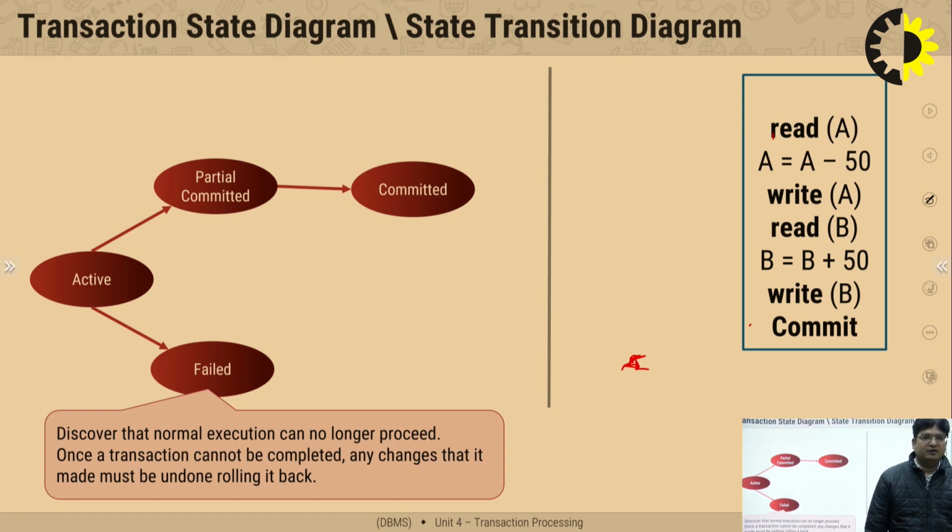During the failed state, we discover that the transaction can no longer proceed. So once the transaction cannot be completed, any change it has done must be undone by rolling it back.